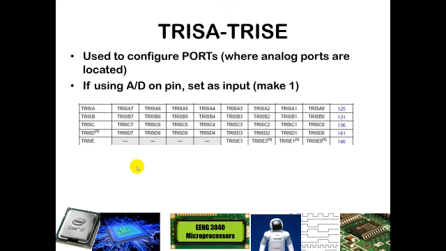So for example, if we wanted to do an analog input on the same pin that is also home to port A pin 0, then what we need to do is put a 1 in our TRISA0, making that particular bit indicate that we are doing an input on that pin.